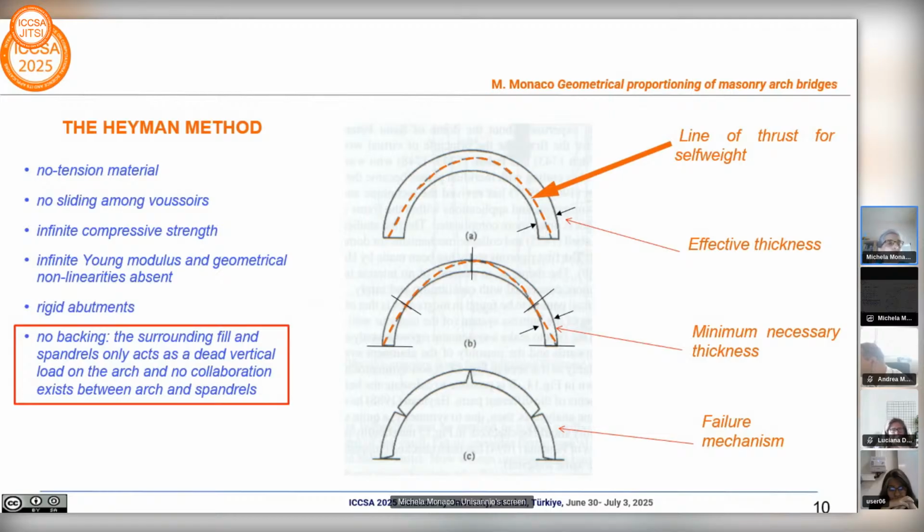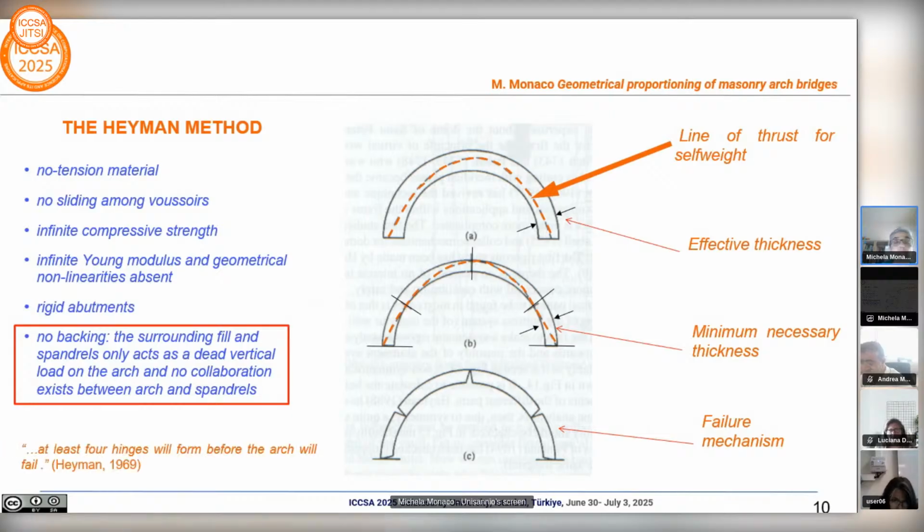The condition of rigid abutments in some cases has been removed, but the important condition is there is no backing. The surrounding fill and spandrels act as dead vertical load, and no collaboration exists between arch and spandrels.